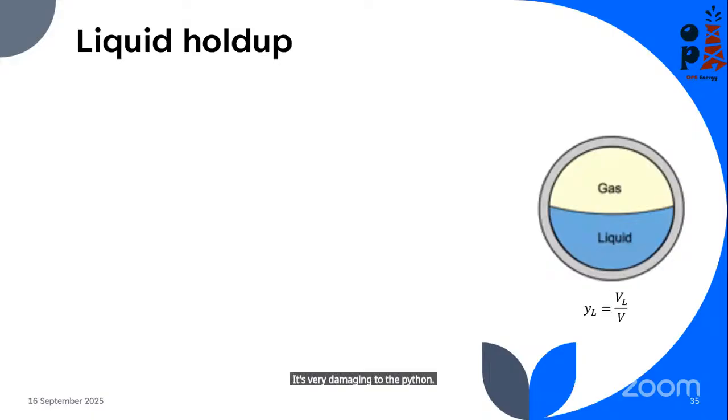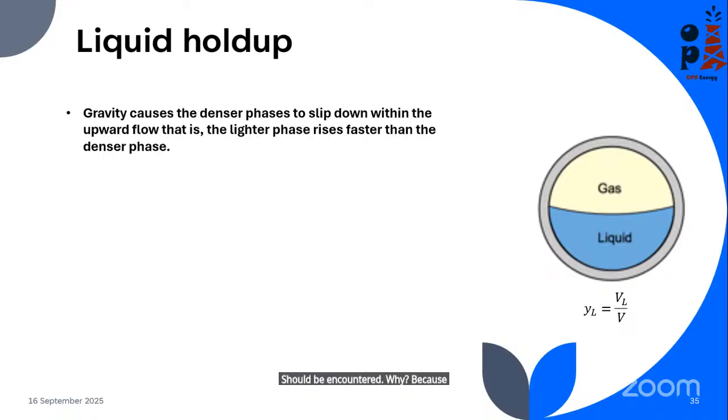In some cases, when you have multi-phase flow, fluid buildup or liquid holdup should be accounted for. Why? Because the denser fluid will travel slower.